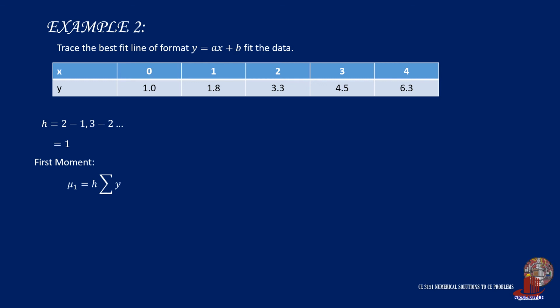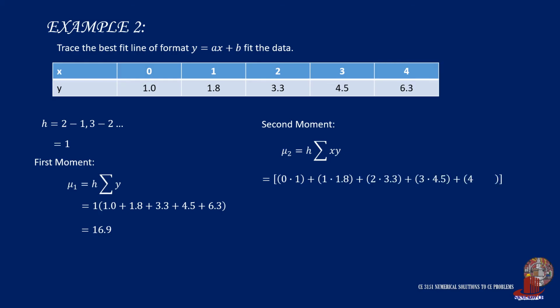Mu 1 is the summation of values of y multiplied by h, so that is 1 times the quantity of 1 plus 1.8 plus 3.3 plus 4.5 plus 6.3, and mu 1 is then computed as 16.9. The second moment considers the summation of x times y multiplied by h, and by doing so, mu 2 is taken as 47.1.